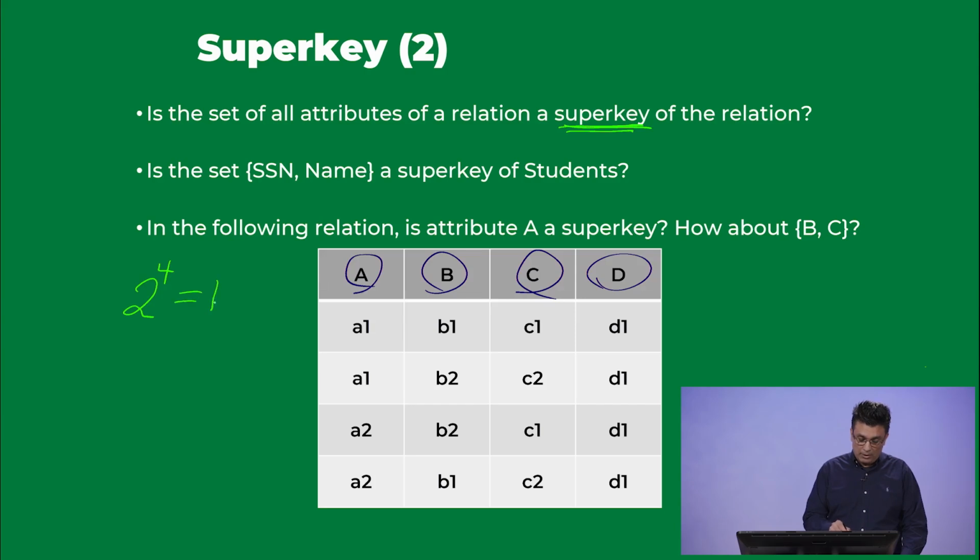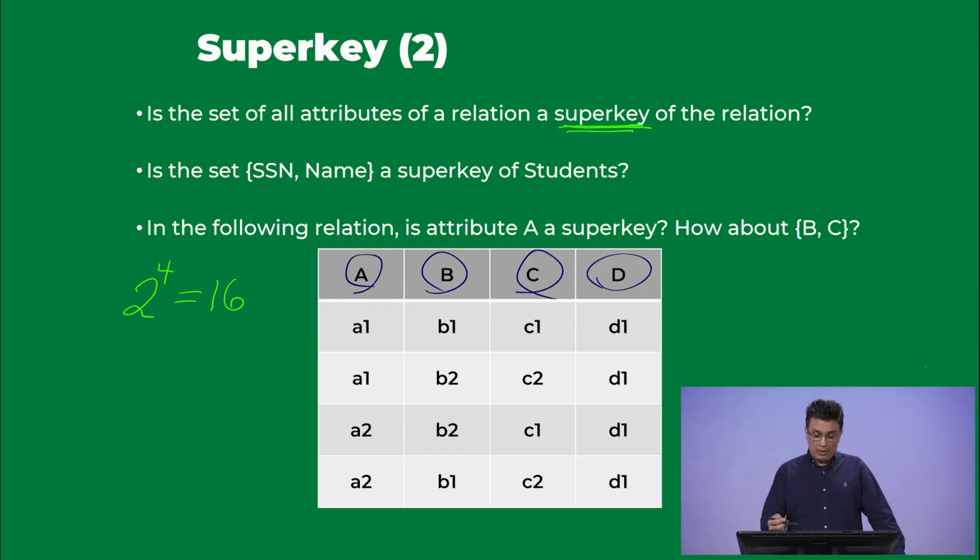So we have 16 possible subsets, or combinations, that we can have with A, B, C, and D. This is including the empty set. So the empty set is going to be eliminated because we have to have at least 1 attribute.